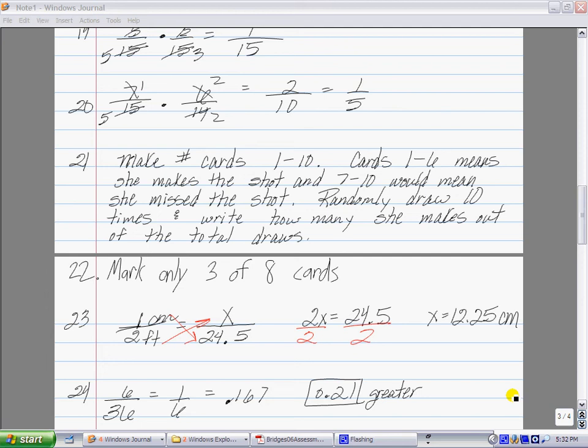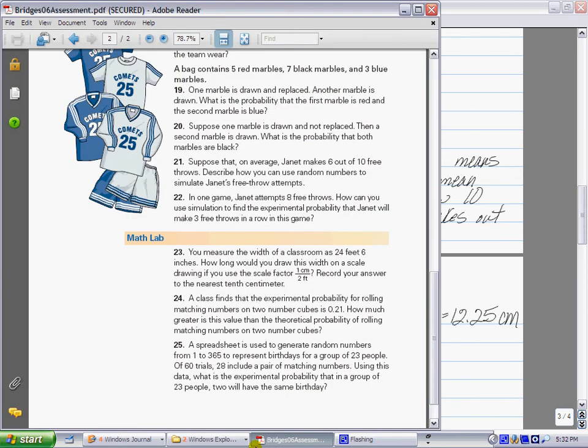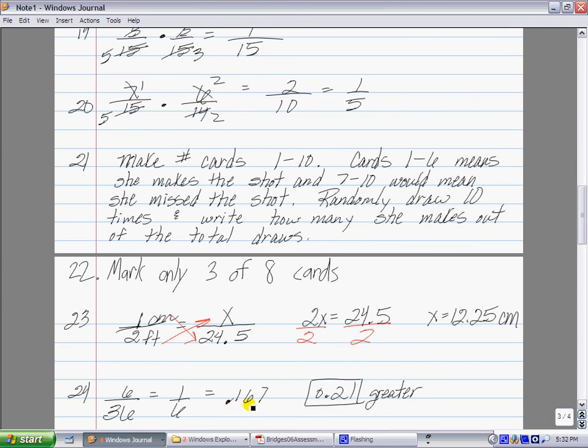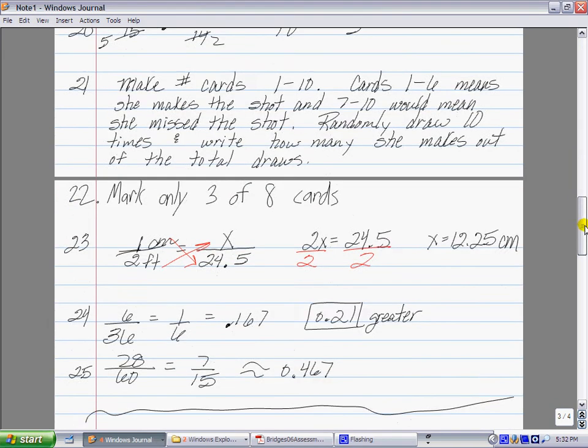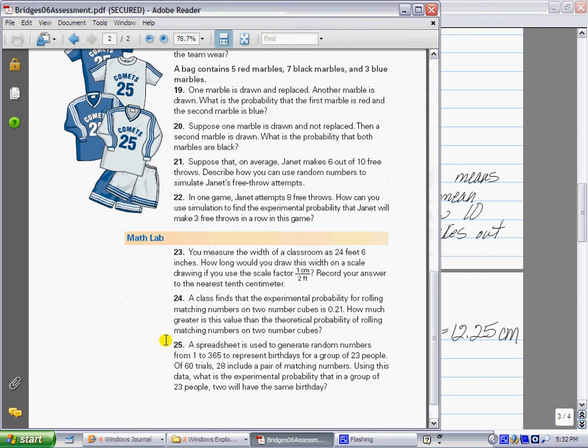Because the class found that the experimental probability for matching numbers on 2 number cubes is 0.21, the theoretical probability is 0.167. In order to find out how much greater that value is, I would subtract 0.167 from 0.21.